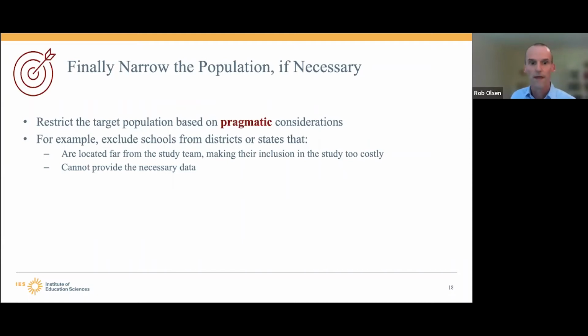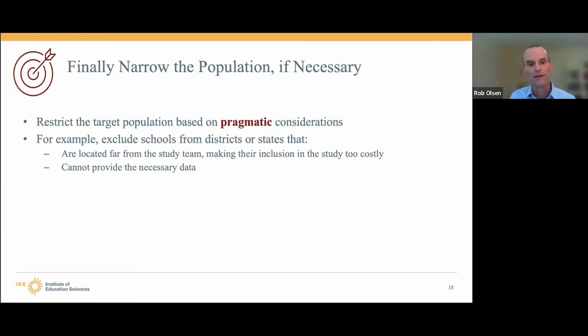For example, a study team may need to exclude schools from districts or states that are located far from where the study team is located. Study schools located far from the study team creates logistical challenges and has cost implications if researchers need to be on site to recruit the sample, collect data, or implement the intervention. So it may be necessary to exclude schools that are far away.